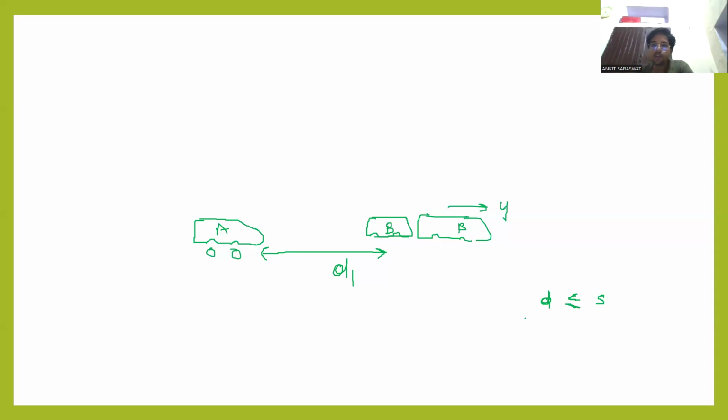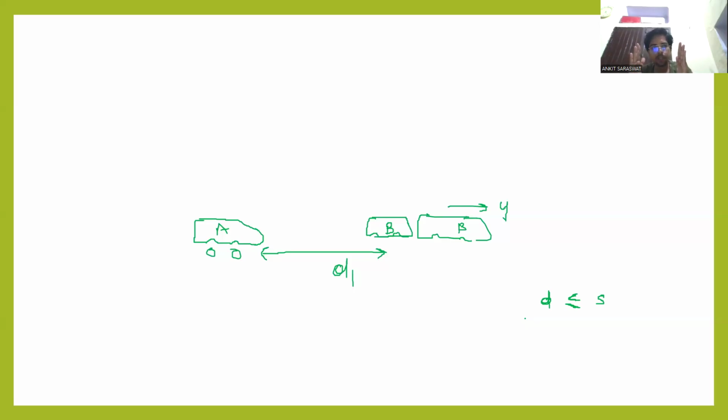Okay. This is car A, car B. Separation, what is the condition? S. When car A is S meters behind car B, the driver of car A will apply the brake.